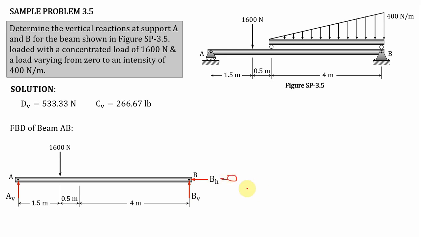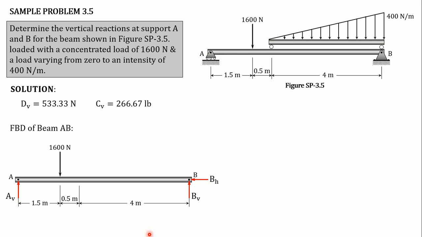I will just continue this, class. Look at this, class. There is a contact, there's a roller support at this point. And the beam above is carried by beam AB.